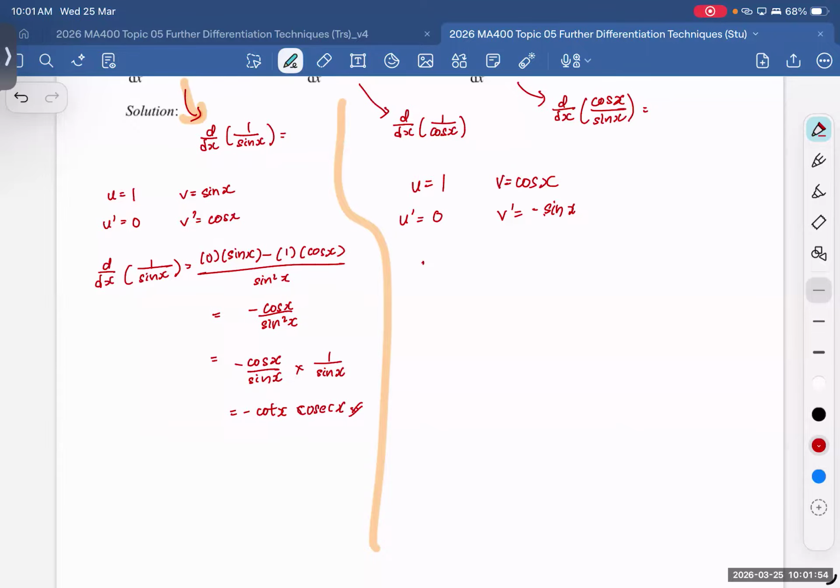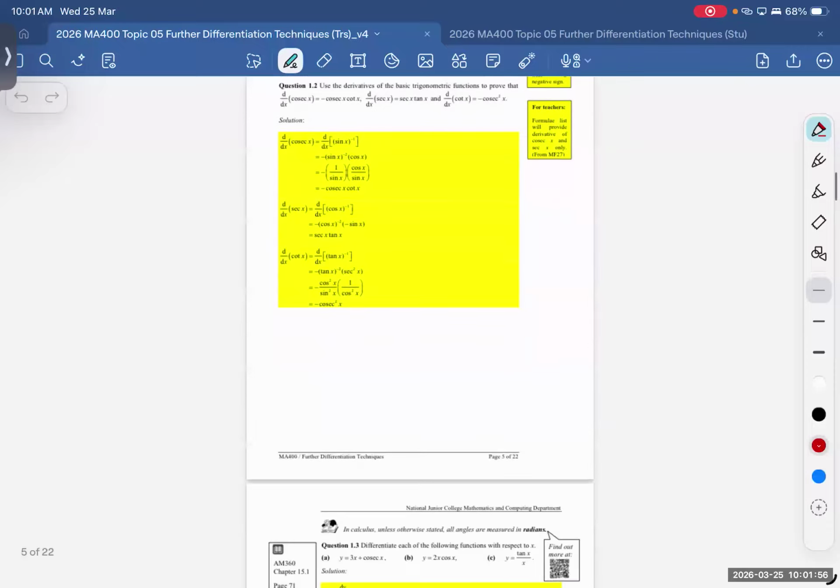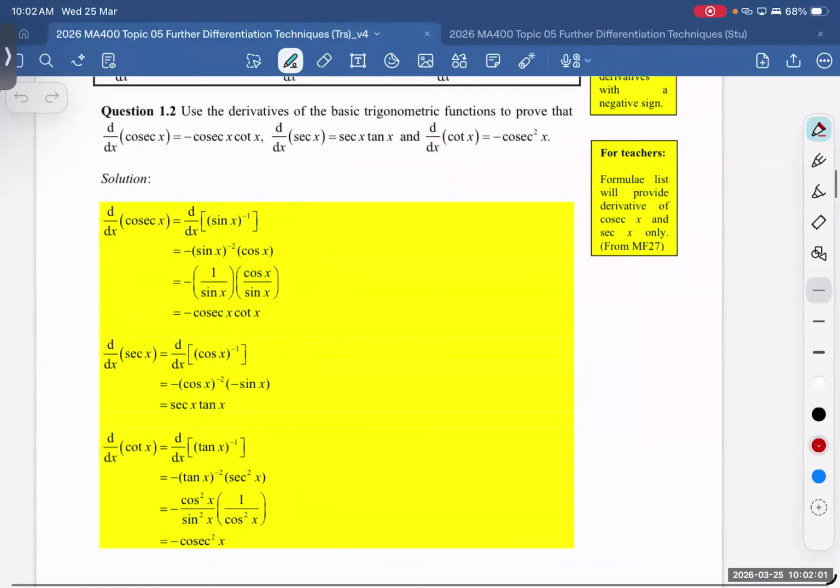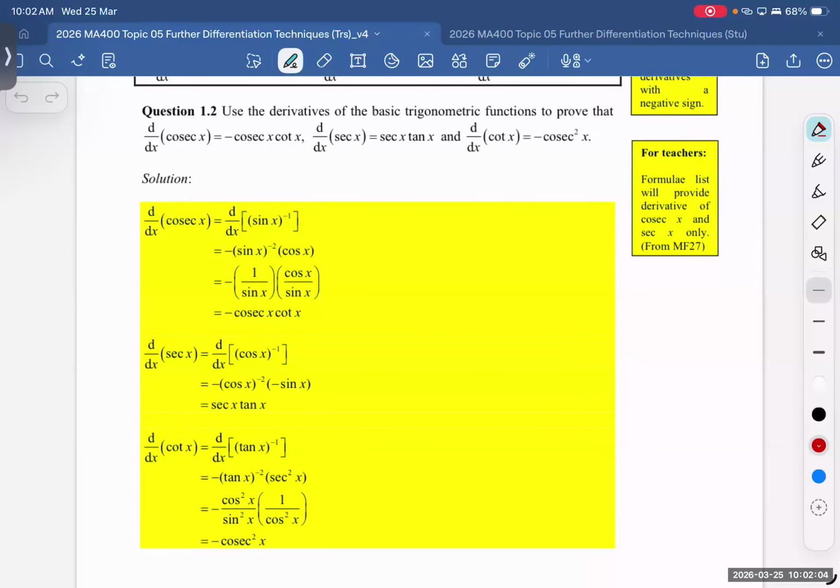And so if all is good, I'm going to show you here as well. Question 1.2. You differentiate tangent. Let me just write it here. Differentiate tangent is actually secant square.